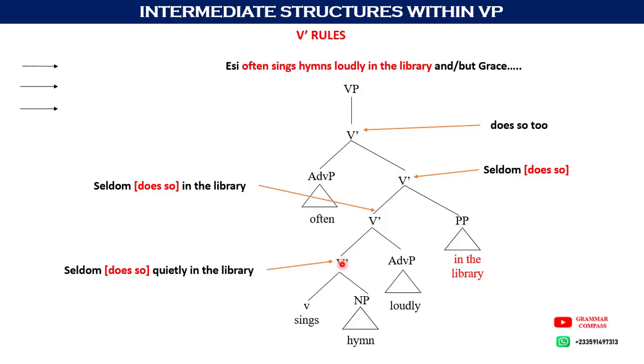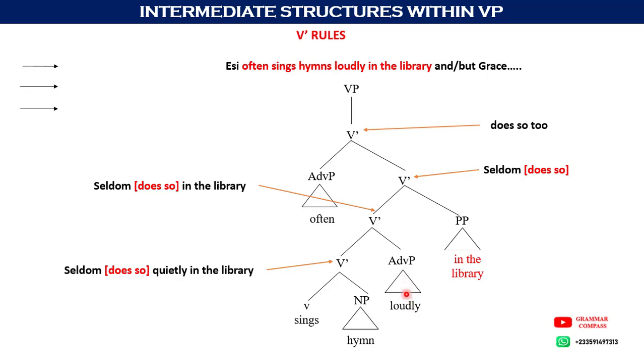Now our next V-bar targets another constituent within the verb phrase. AC often sings hymns loudly in the library, but Grace seldom does so quietly in the library. Now here, "does so" replaces sings hymns. That is the verb category that we have here, and it is qualified by the AdvP, loudly.